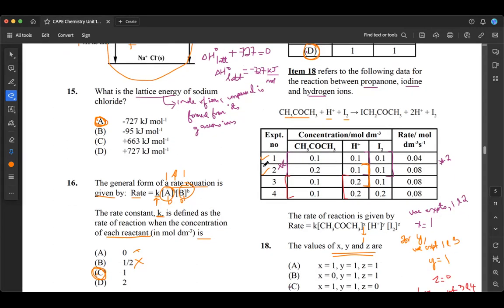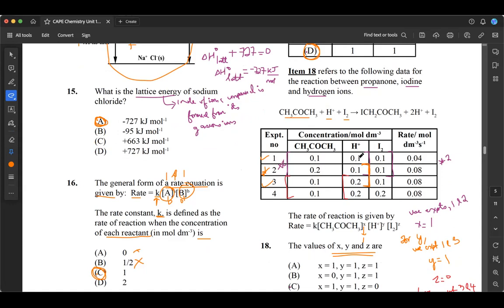So when I look at experiment 1 and I look at experiment 3 now, I see that my propanone concentration is being held constant, which is what we want to do. And then we're changing the H plus concentration from 0.1 to 0.2. So we're doubling it, right? So I double my H plus concentration and I keep my I2 constant.